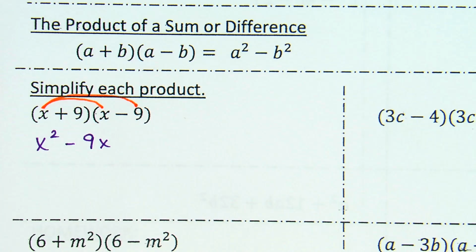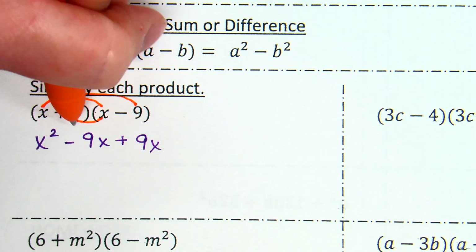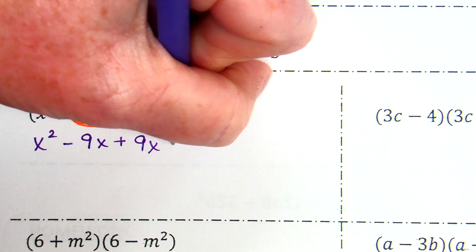Okay, we did first and outside, or we distributed that x. Now, inside. Positive 9 times positive x, plus 9x. And last. Nine times negative 9, which is negative 81.